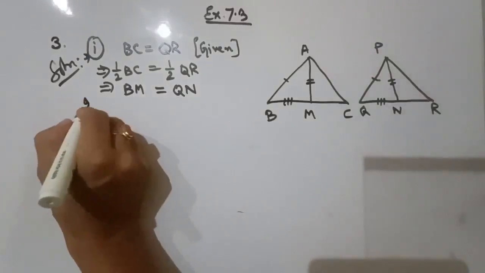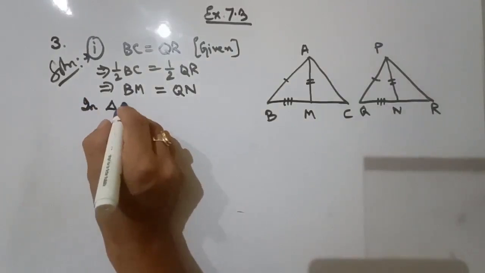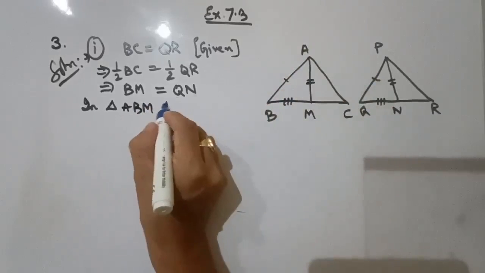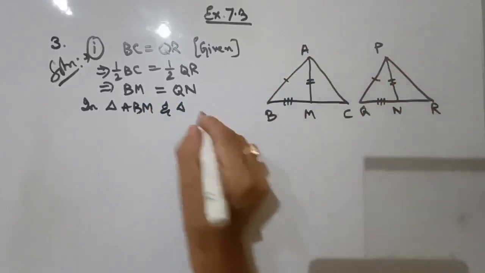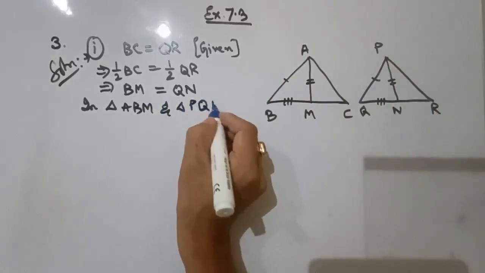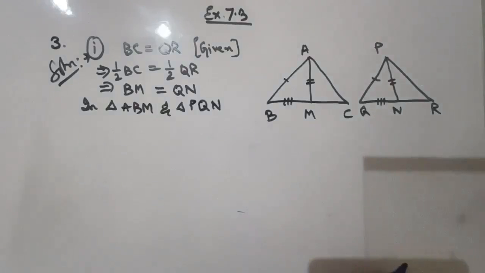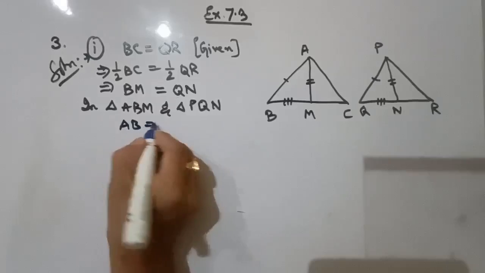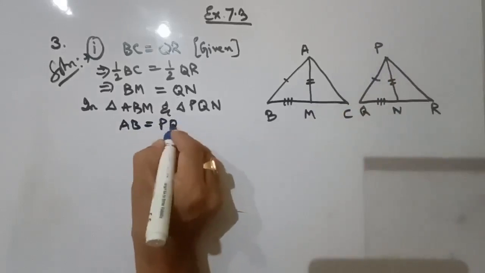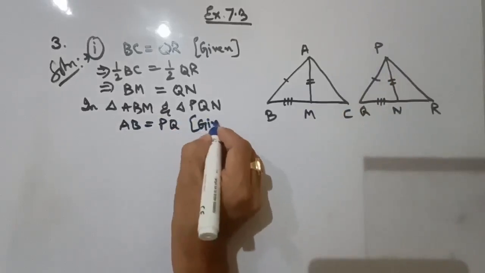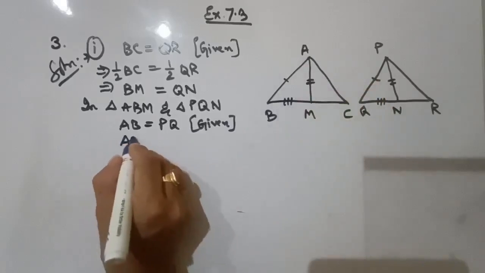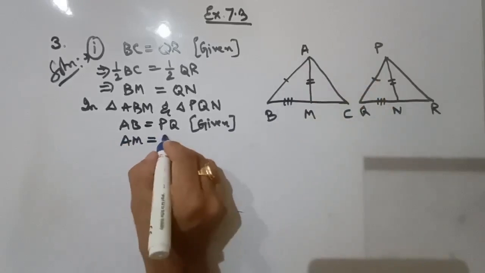So in triangle ABM and triangle PQN, AB equal to PQ. This is given, and AM equal to PN.